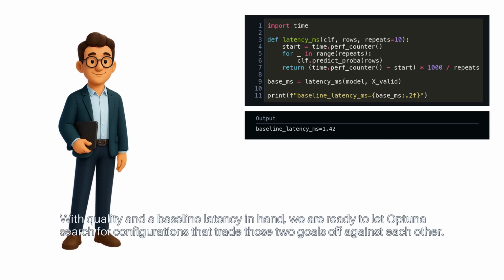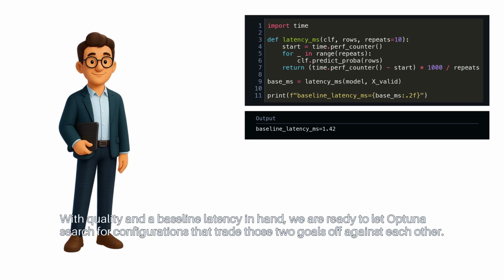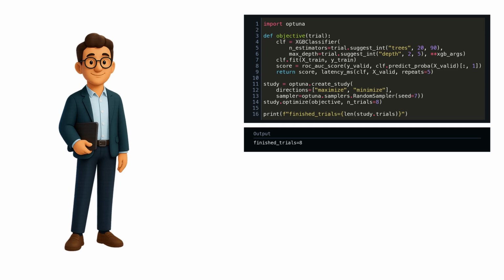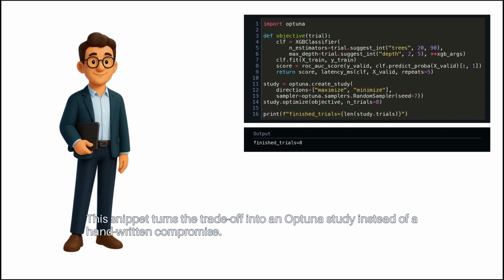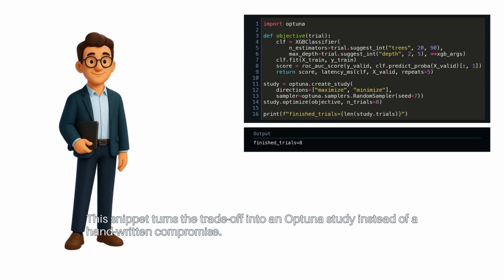With quality and a baseline latency in hand, we are ready to let Optuna search for configurations that trade those two goals off against each other. This snippet turns the trade-off into an Optuna study instead of a handwritten compromise.